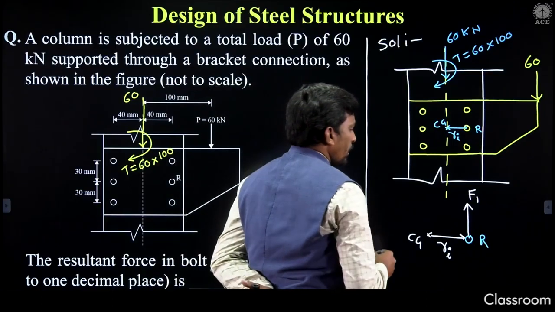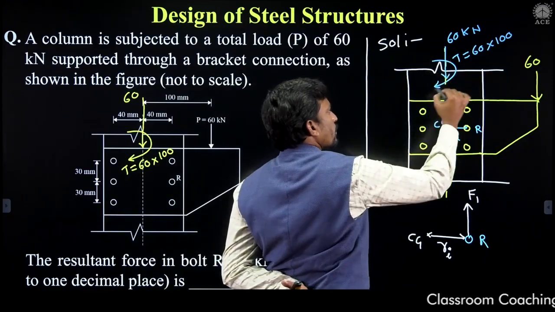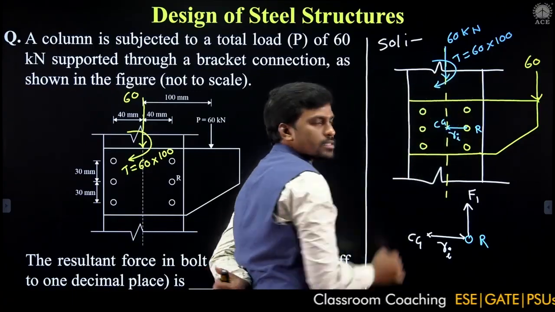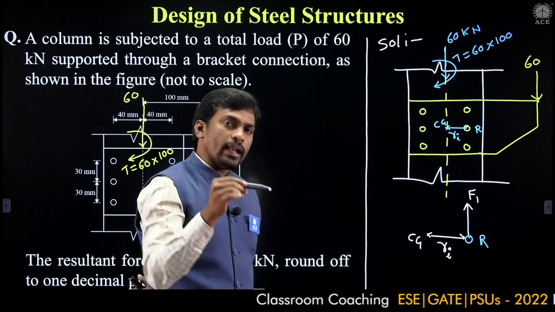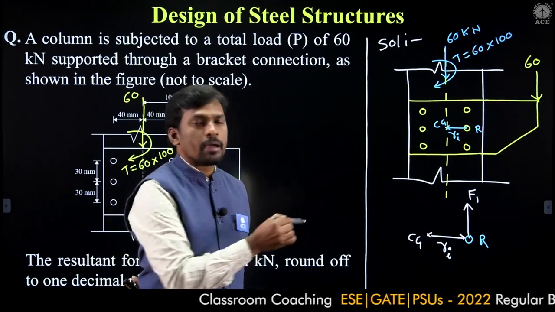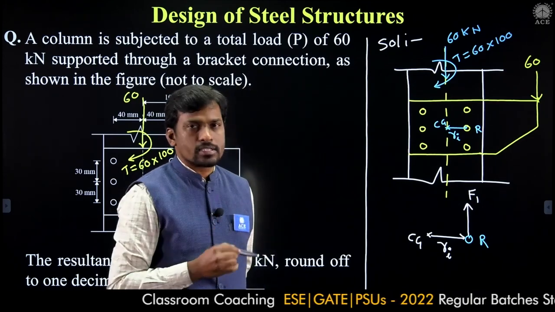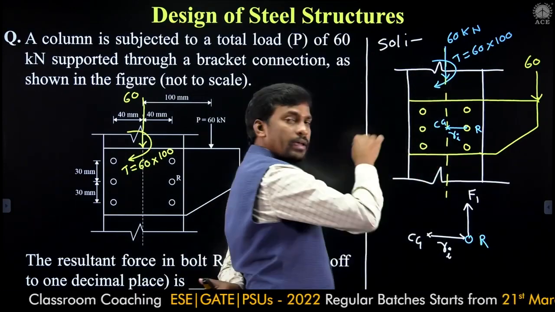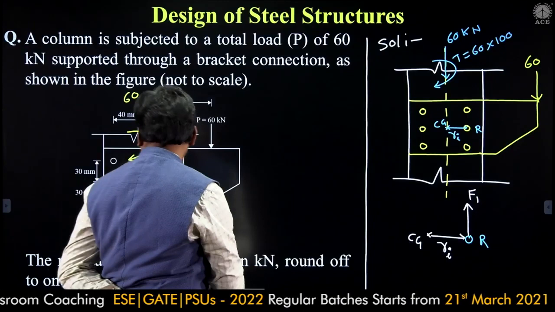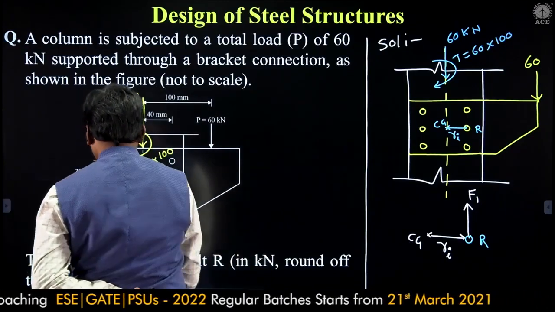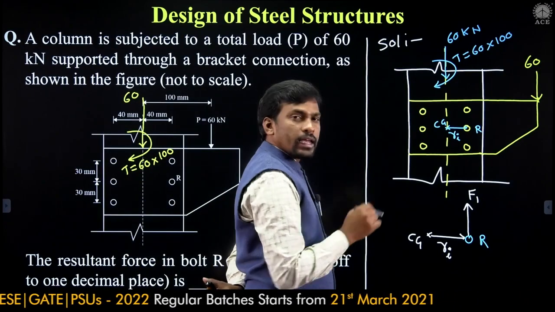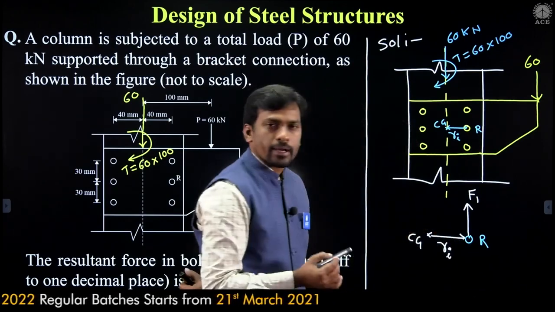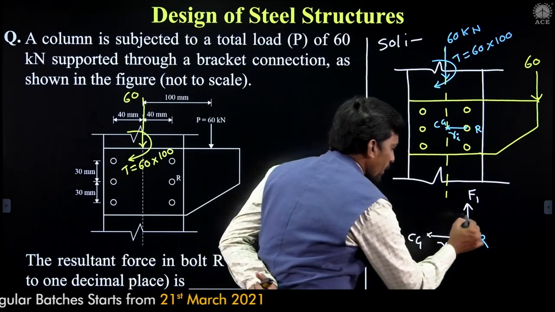Is this twisting moment clockwise or anti-clockwise? Clockwise. Then mark the F2 value anti-clockwise because I am marking resistive forces. This is clockwise, so F2 should develop anti-clockwise. But always mark the F2 value perpendicular to the radial distance.